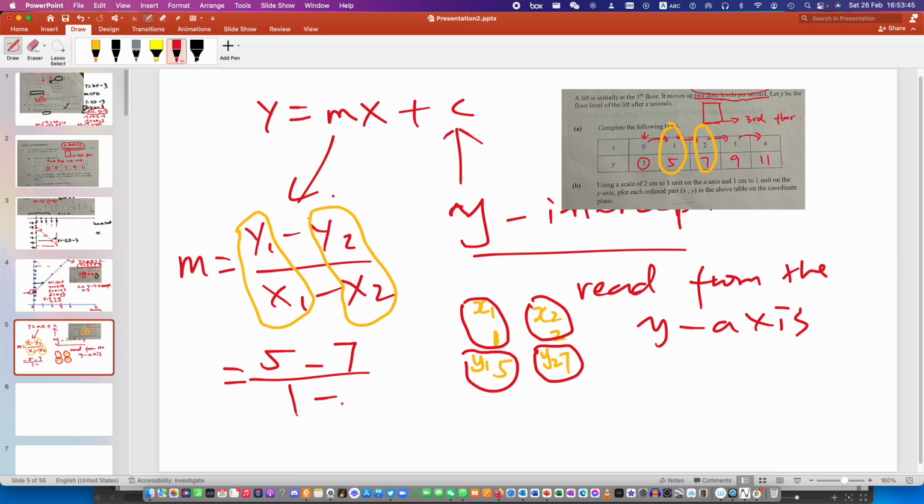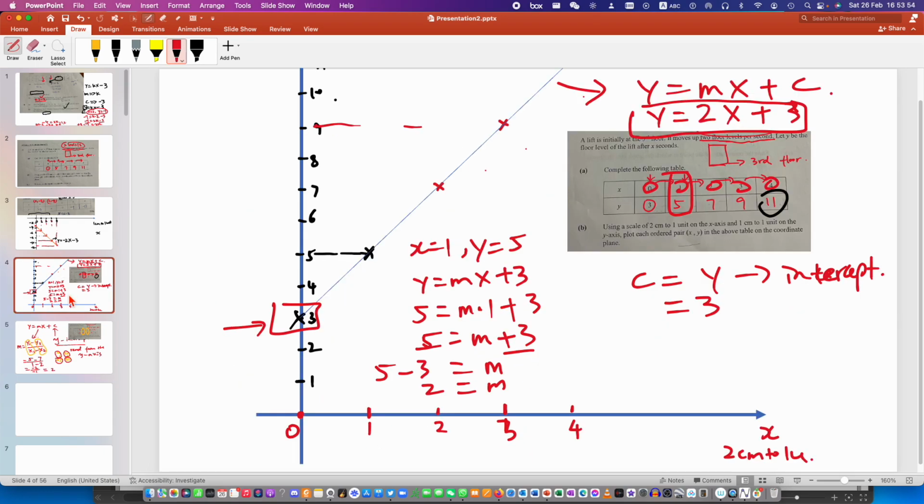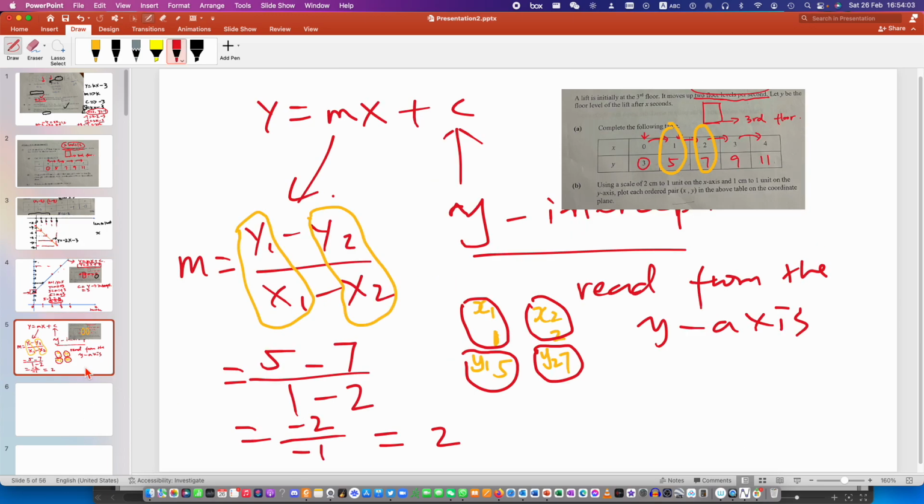What's your x2? 2. Above, 5 minus 7 gives minus 2. Below, 1 minus 2 gives minus 1. So minus 2 over minus 1 is 2. Check. m equals 2. Do we get m equals 2? Can you see that? My formula works here. One more question.